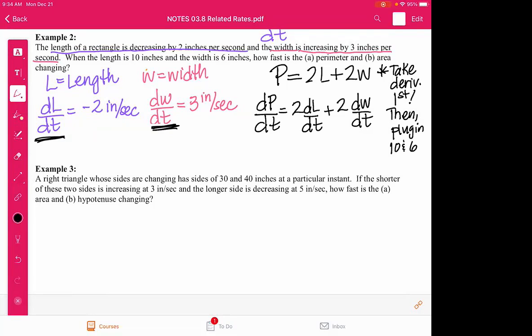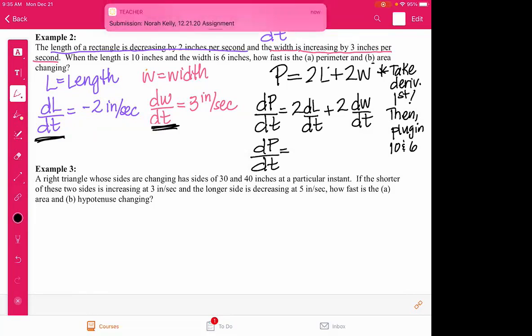So that's why there's no plain old L and no plain old W in this derivative. It's because this was a linear function, L to the first power, W to the first power. If this was L squared and 2W squared, then you'd have a W in your derivative, but it was just to the first power. So that's why it's like this. All right, anyway, plug that in.